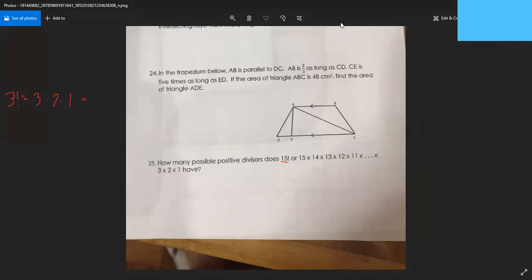Okay, good, nice. So I won't have difficulty discussing it later. So how do we identify the number of divisors? How many divisors does 6 have? It has 4 divisors: 6 times 1, 3 times 2. That's it. Correct?